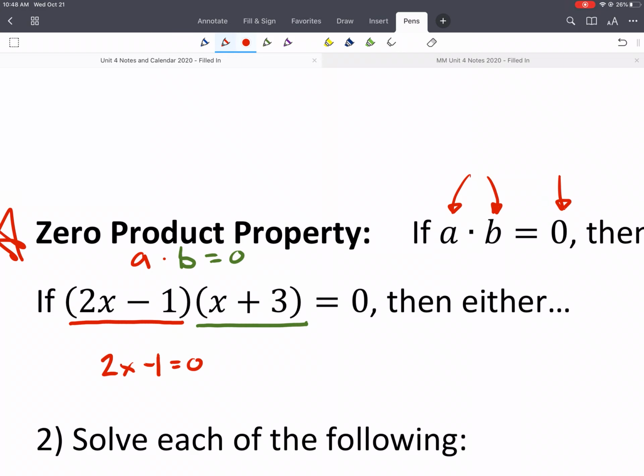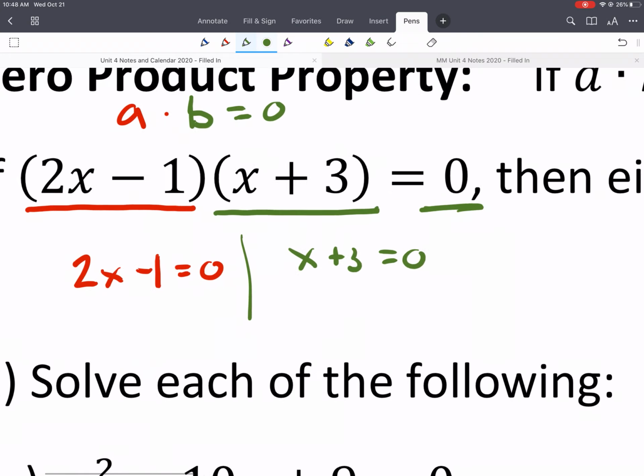And then either that or x plus 3 has got to be 0. So if one of those parentheses is equal to 0, then the whole thing is 0. That is the zero product property. If we multiply two things together and it gives you a 0, one of them has to be 0.